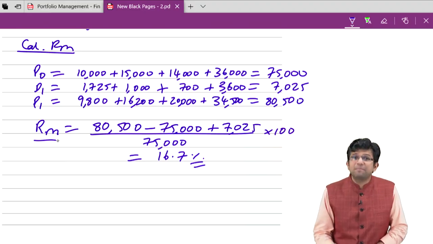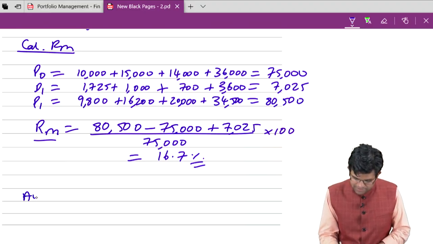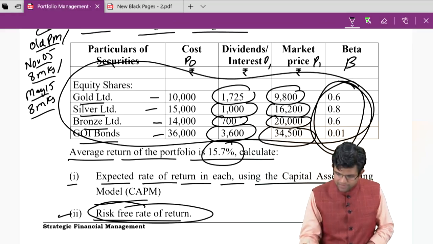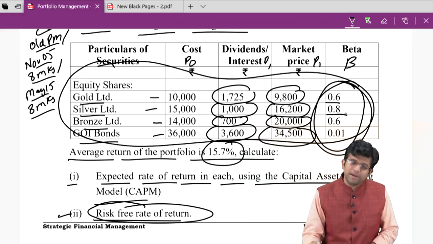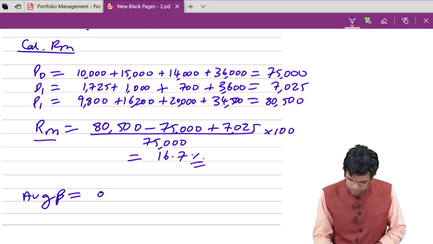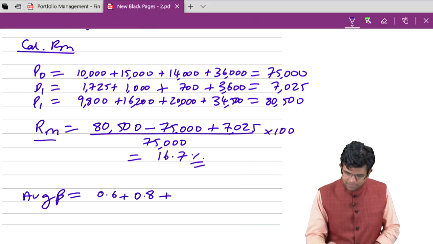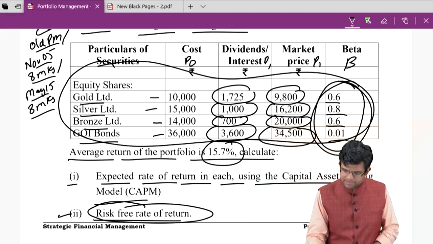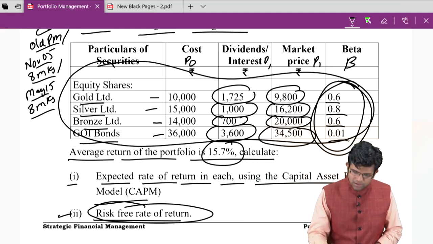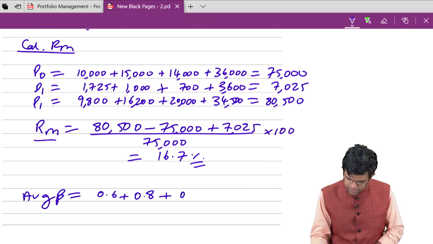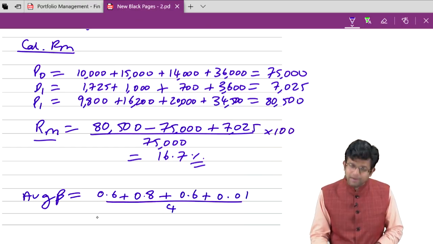Let us calculate beta of the portfolio. Can I say my average beta will be 0.6 plus 0.8 plus 0.6 plus 0.01, the whole divided by 4.